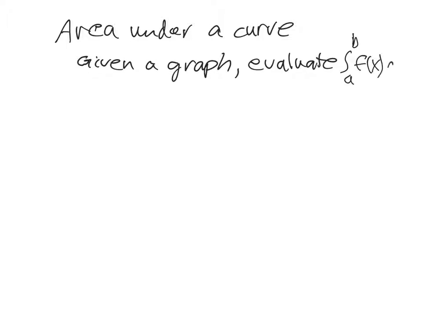When we're evaluating a definite integral based on a graph, any area that's under the x-axis represents a negative value for the definite integral. Any area above the x-axis represents a positive value for the definite integral.